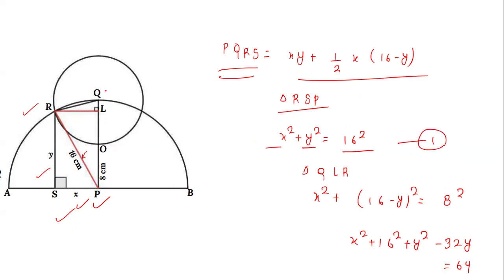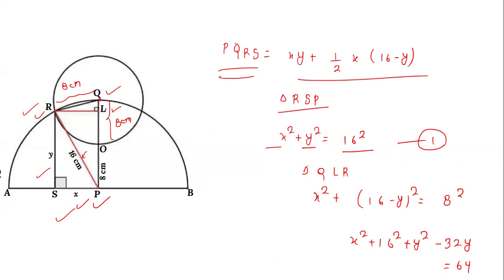And if you look at the triangle QLR, you know this distance OQ is 8 centimeter, and this distance RQ is also 8 centimeter. Why?